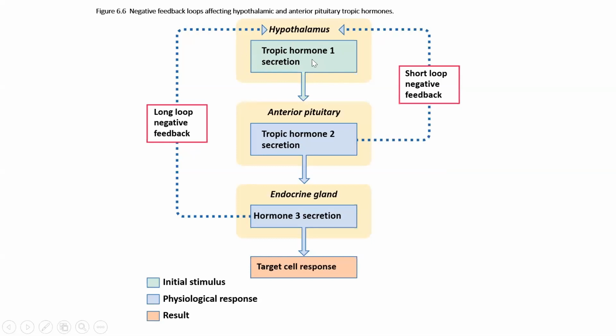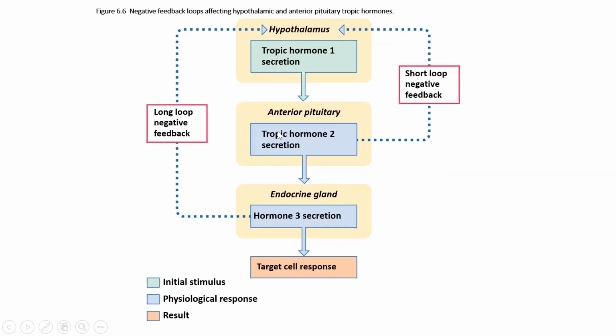That tropic hormone we described as a hormone that would influence another gland to secrete its hormones. So the tropic hormones enter the blood via the portal circulation of the pituitary system, make their way to the anterior pituitary, and that is going to influence the anterior pituitary to secrete tropic hormone number 2.